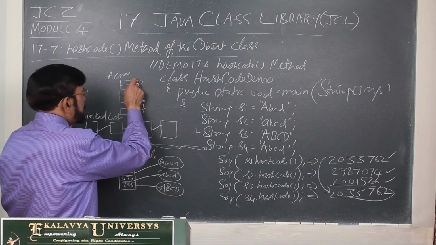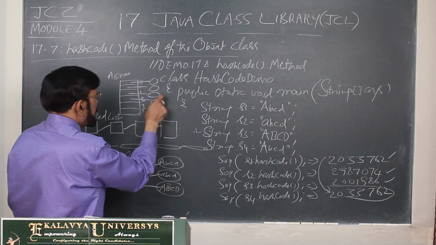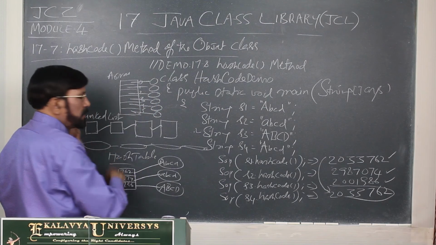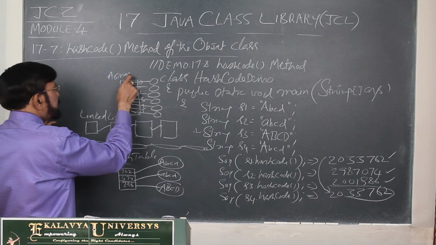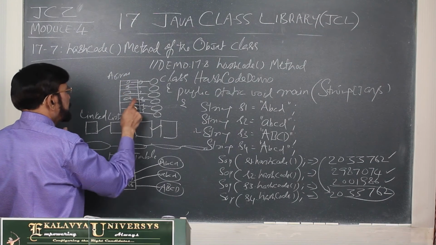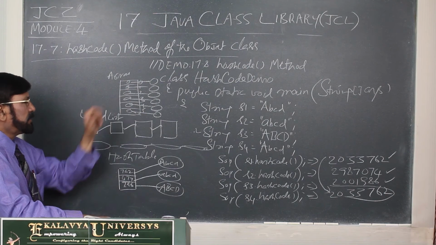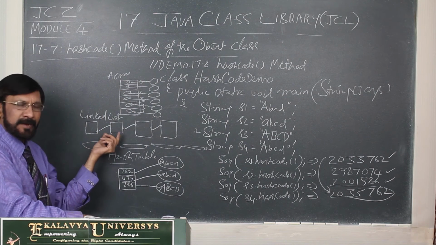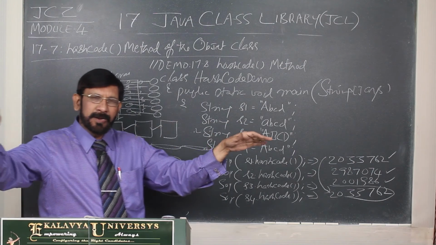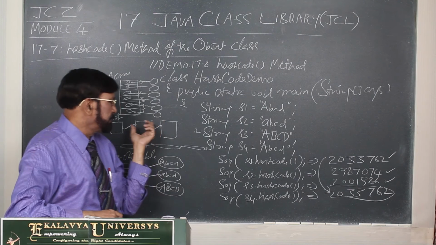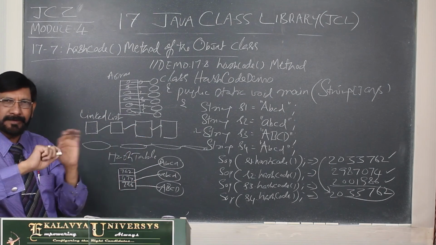In Java, suppose these are string objects and the references are in the array. This is a model of a Java array. As far as linked lists are concerned, this is the model. All elements are disseminated throughout the memory, but they are linked up with a link.